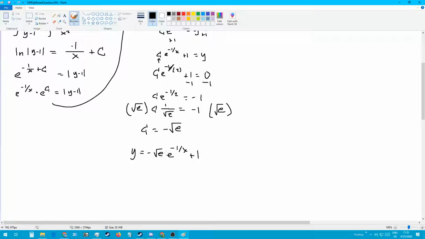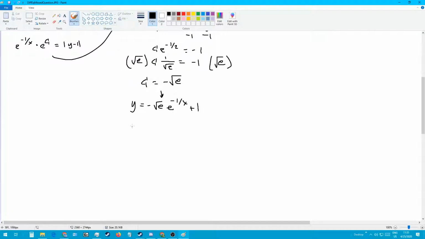And I believe there's actually a way we can simplify this, since it is an exponential rule, and that will simplify to negative e to the 1 over x minus 1/2.